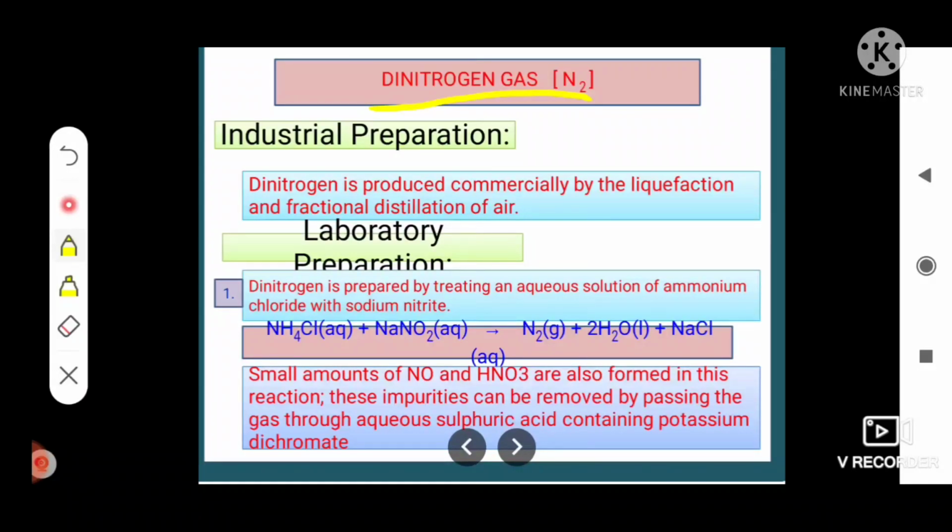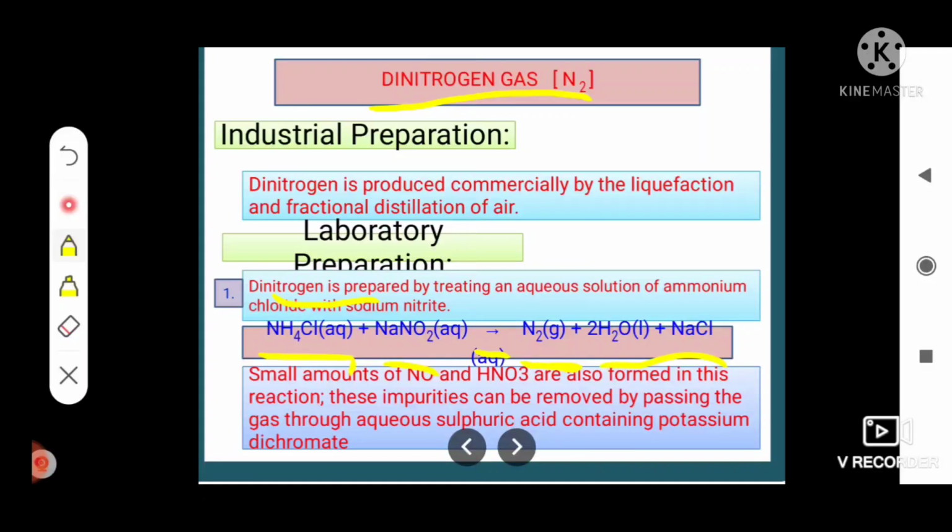In the laboratory, dinitrogen can be prepared by treating an aqueous solution of ammonium chloride with sodium nitrite. That is, NH4Cl plus NaNO2 gives N2 along with water and sodium chloride.